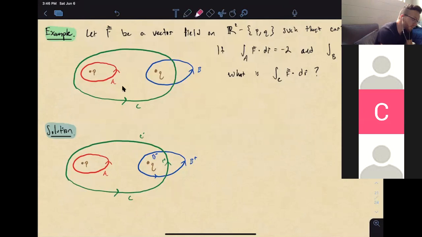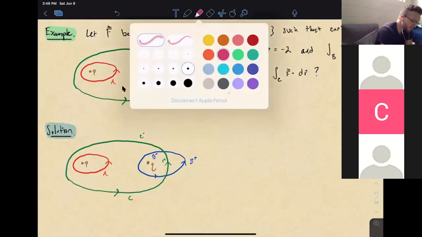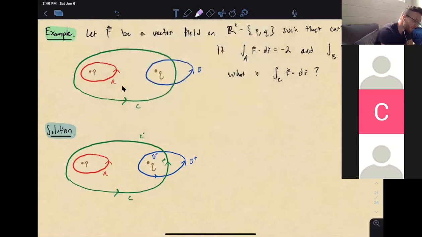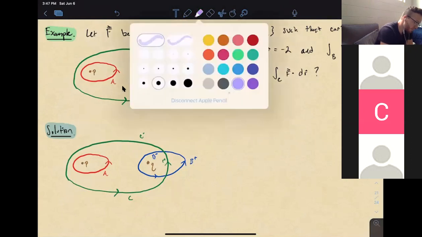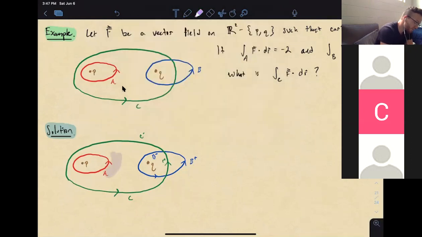And here's what I'm going to do. I guess I could ask for ideas, but I'll just tell you what I'm going to do because I'm tired. I'm going to identify two regions. One of them is this.